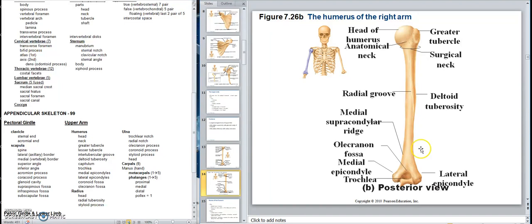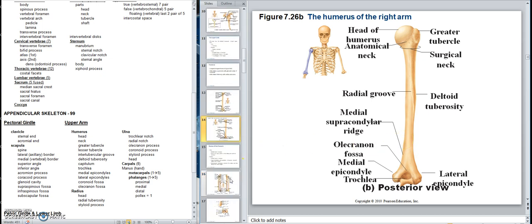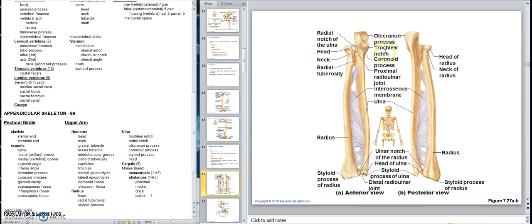All right, let's go next to the radius and the ulna. Okay. So here's the radius and here's the ulna. All right, so we're looking at the radius and the ulna. That's the radius right here, styloid process.